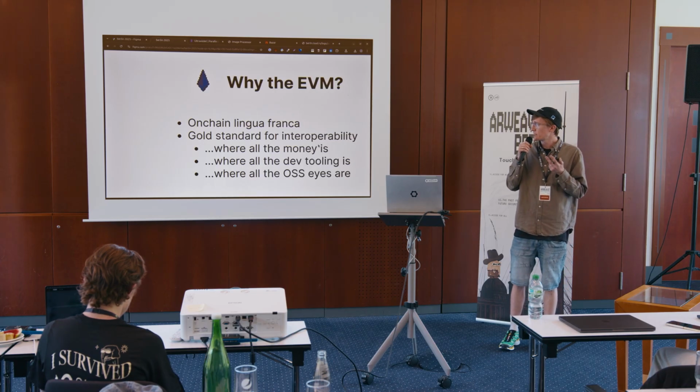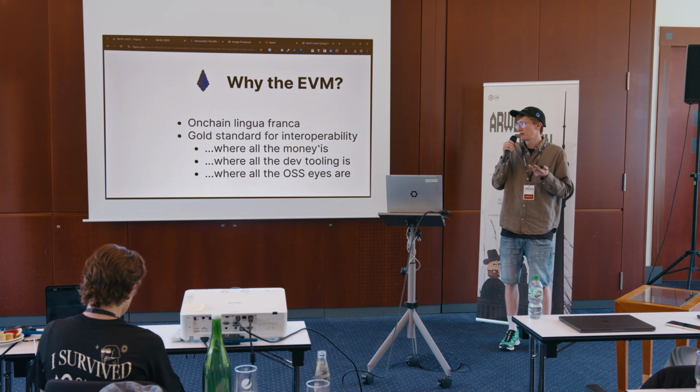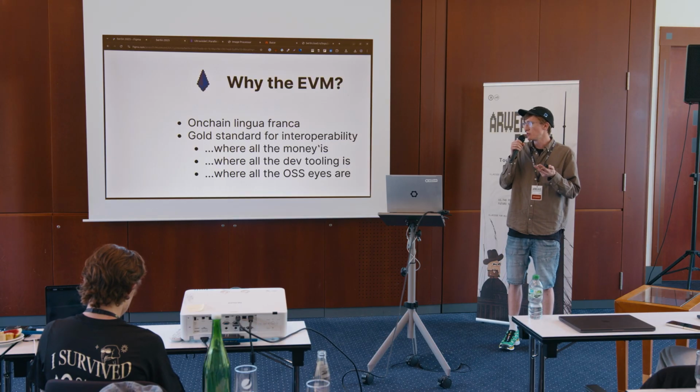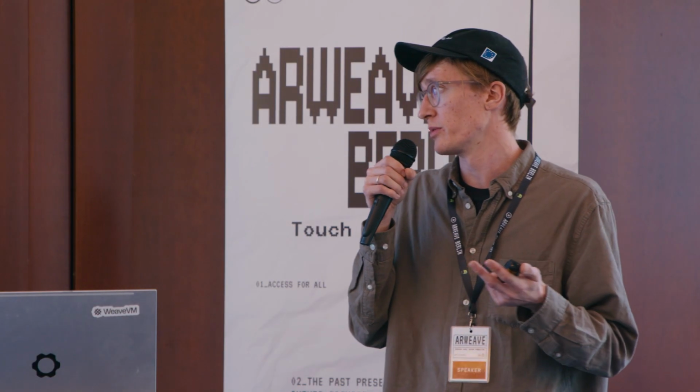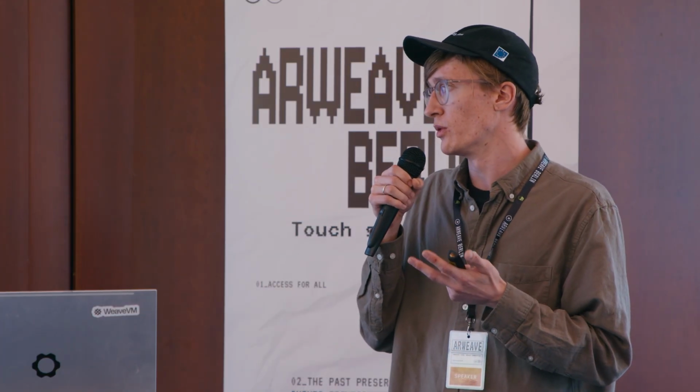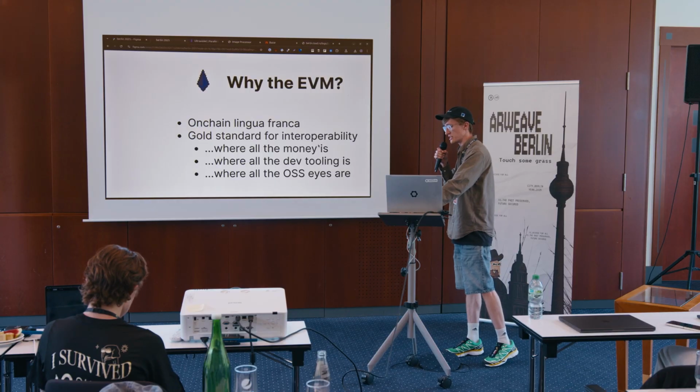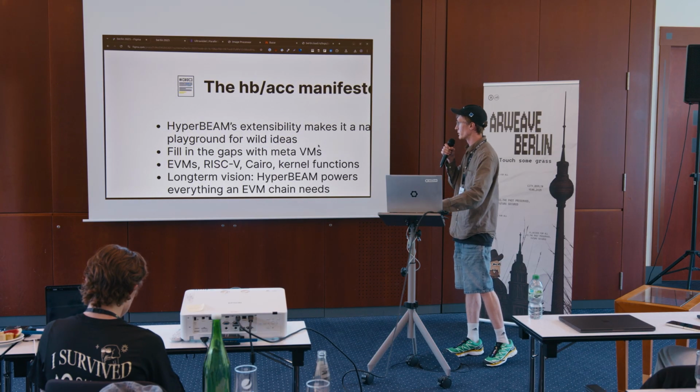But when you look at what is out there right now, it is the way that people are mostly interacting with dApps and interoperability. It's mostly where the money is, where the dev tooling has been for many, many years, and it's got extremely vibrant open source communities. So that's why we chose the EVM, as it's the on-chain lingua franca.